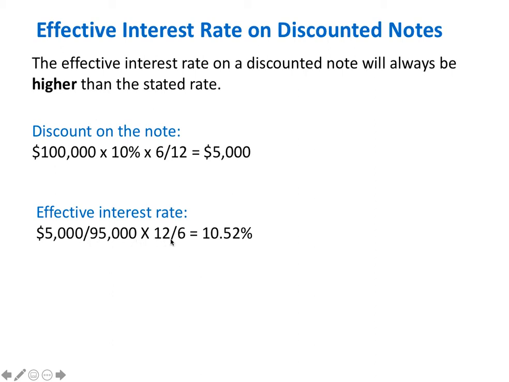To annualize the interest rate back out, we multiply it by 12/6. So the effective rate on this discounted note is 10.52%. They incurred the same amount of interest expense as they did on the interest-bearing note, but the amount of cash they got to work with was only $95,000. So it's a higher effective annual rate of interest.